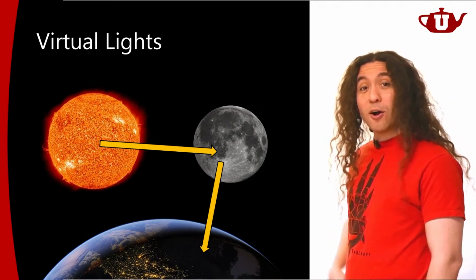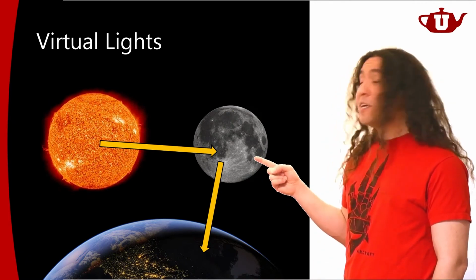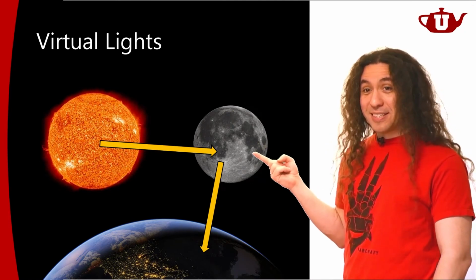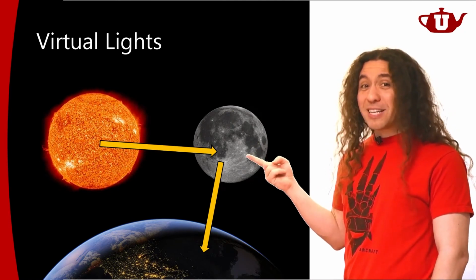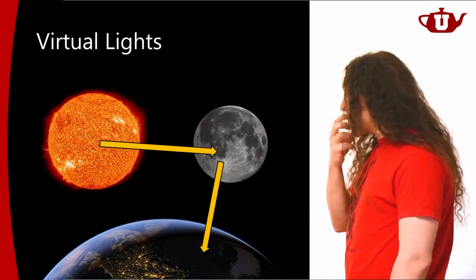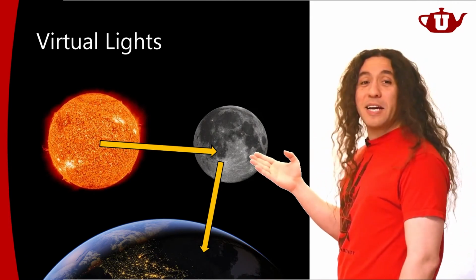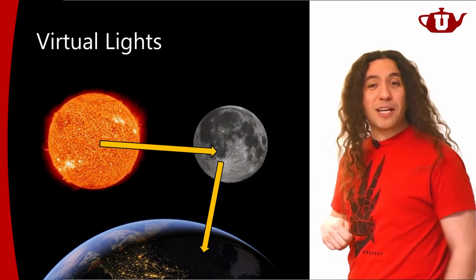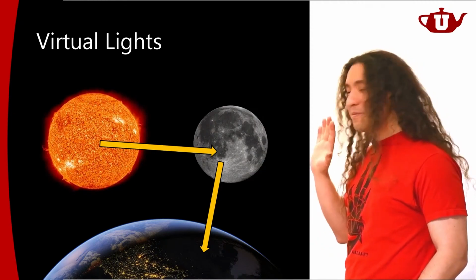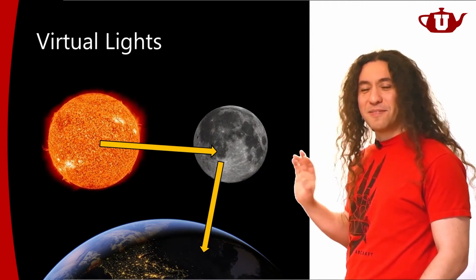So maybe we can call this a virtual light, right? It's not an actual light, but it acts very much like a light source. Now, this is the idea of using virtual lights for computing global illumination, for computing indirect illumination. It's the very same idea.